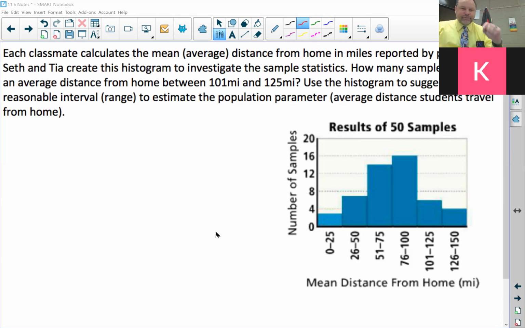So if we look, what the question is asking really is how many samples are in that 101 to 125, and I agree, 6 looks good.